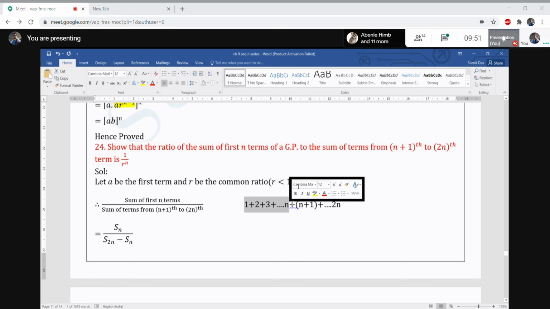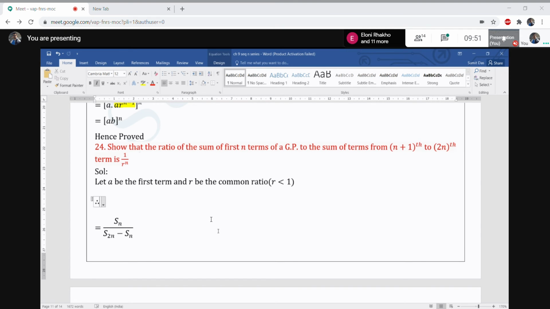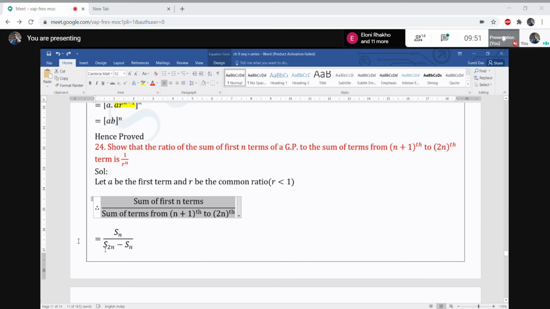So you'll find the sum of n plus 1 to 2n. Understood? So I wrote here S2n minus Sn, the sum of the first 2n terms minus Sn.